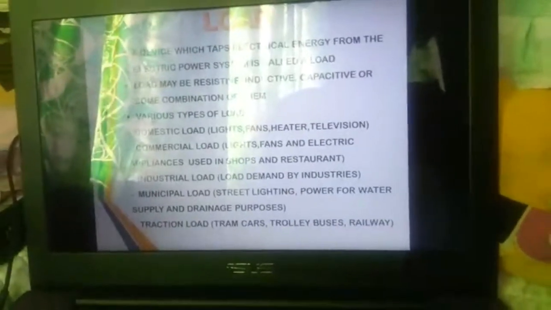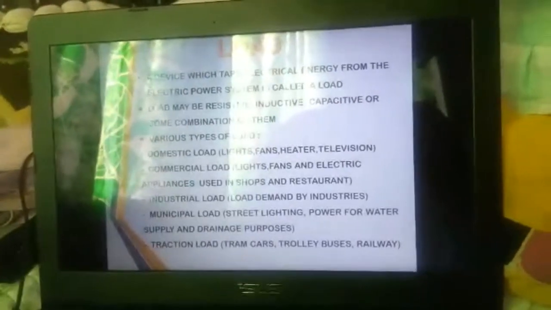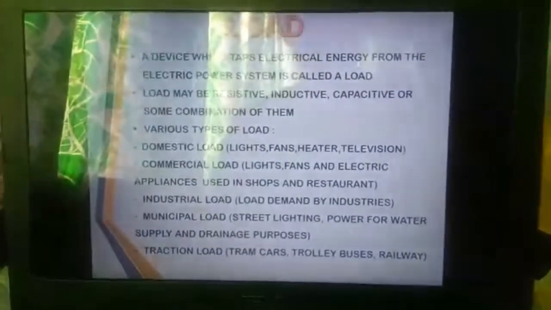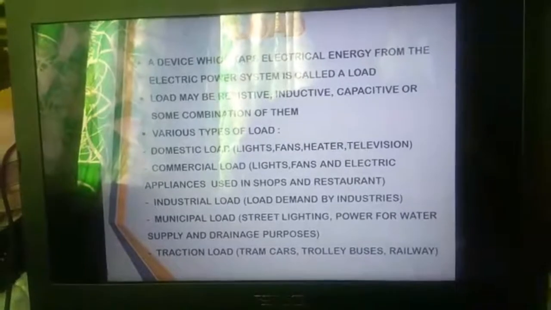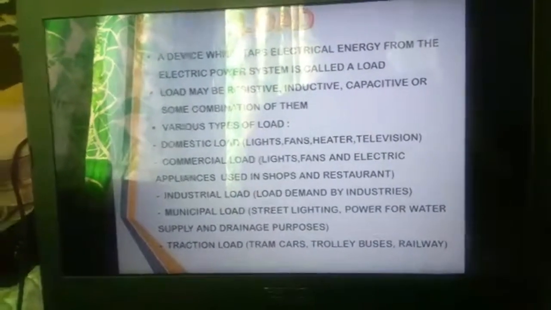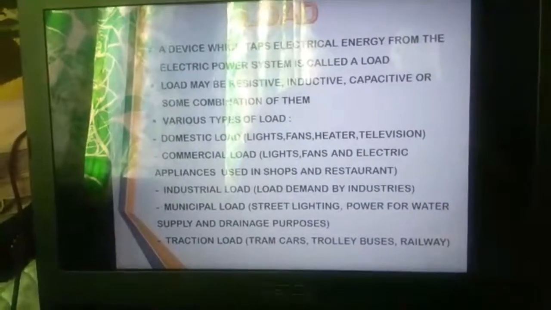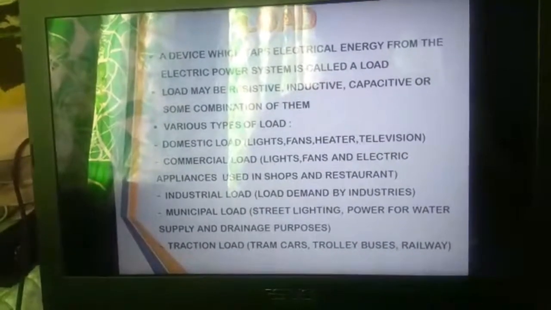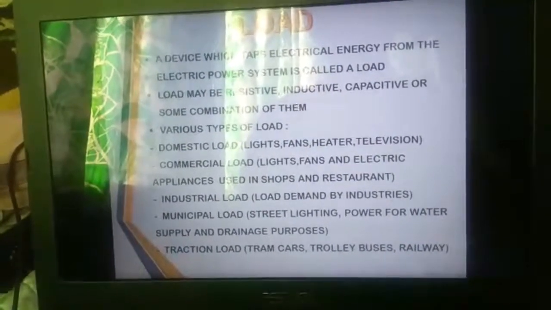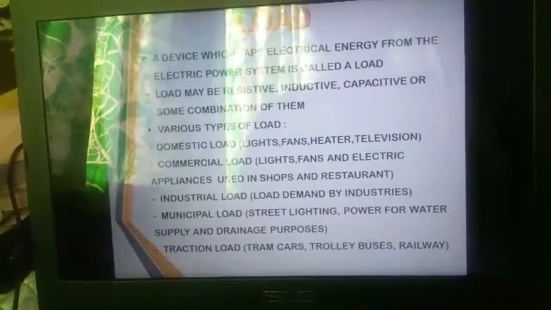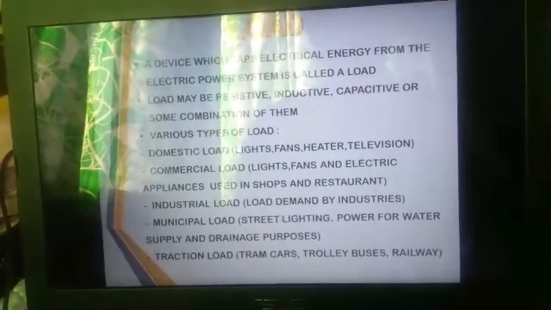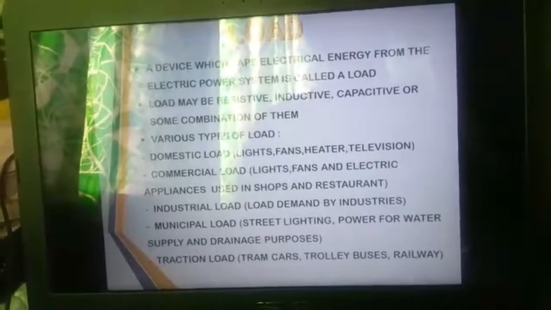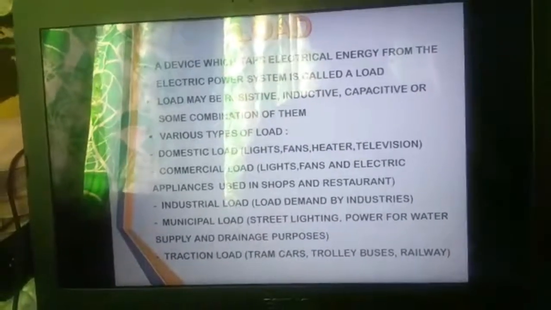And the last part is the load. It is a device which taps electrical energy from the electric power system, and is called a load. A load may be resistive, inductive, capacitive, or some combination of them.